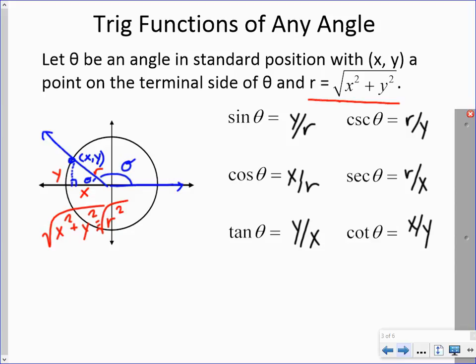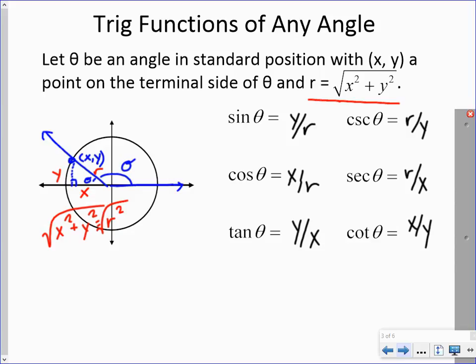If you were to plug in for y, x, and r, you would have a positive sine, a negative cosine, and a negative tangent because of the negative x, which fits the rule of the second quadrant, that only sine would be positive. So all the things that we know about trig ratios around the coordinate plane remain true using this definition.